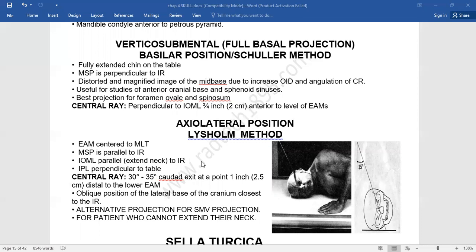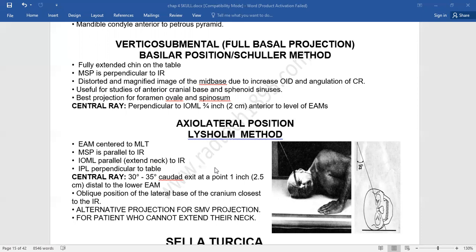The MSP is parallel to the IR because the patient is lateral. The IOML is also parallel to the IR because the neck is extended. The interpupillary line is perpendicular to the table, as you can see there.